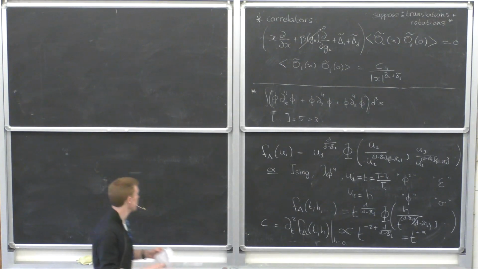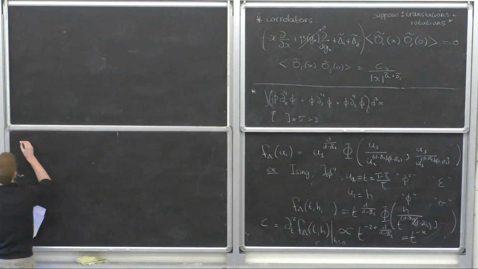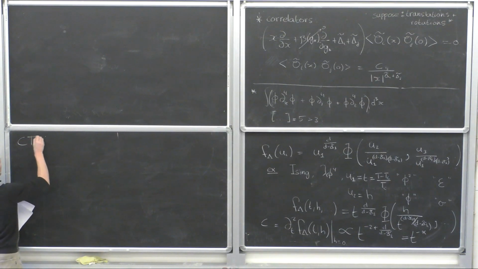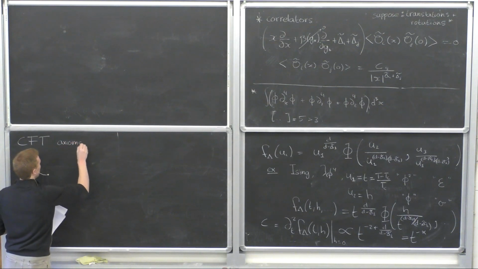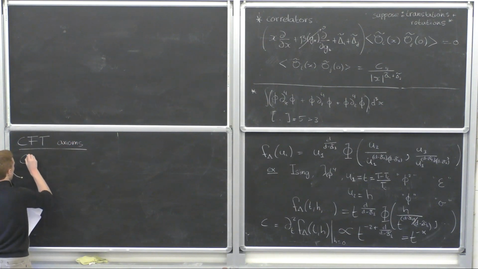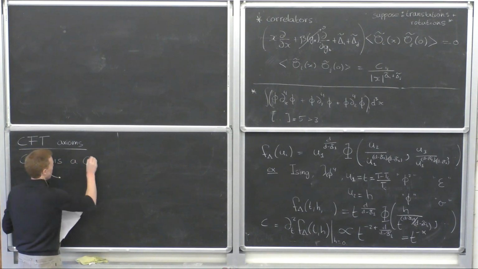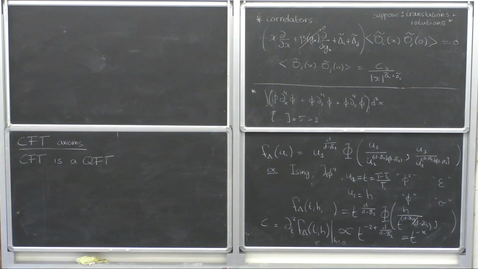Good. So what's the CFT? We haven't quite answered the question, but I'm going to get there. So CFT, this is part 2, CFT axioms. So a CFT in some dimension, yeah, let me say that this is a reasonable definition.